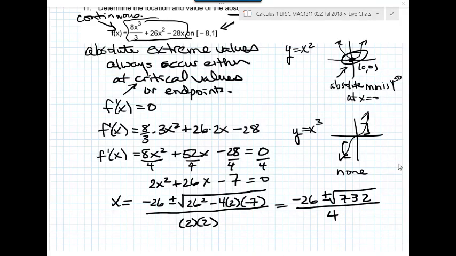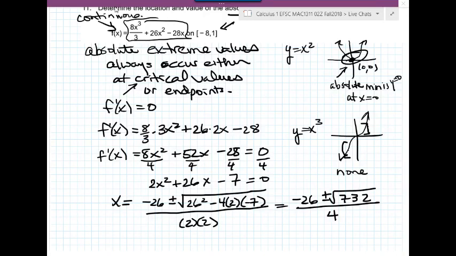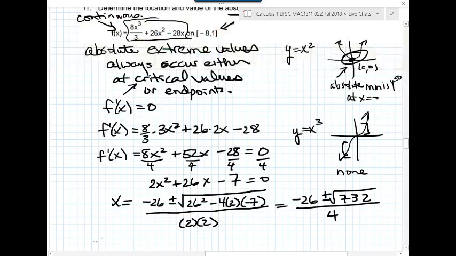I think I'm going to use the quadratic formula. So x is equal to negative 26 plus or minus the square root of 26 squared minus 4 times a times c, all over 2 times a. Make sure to be careful with your order of operations here.